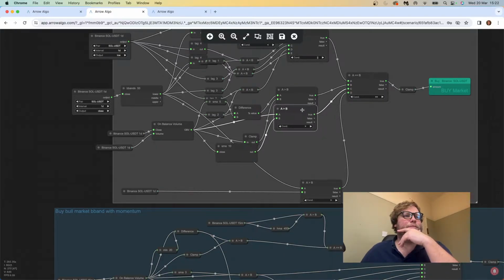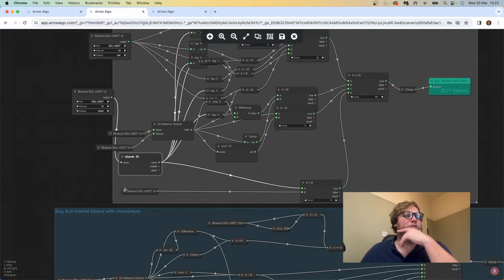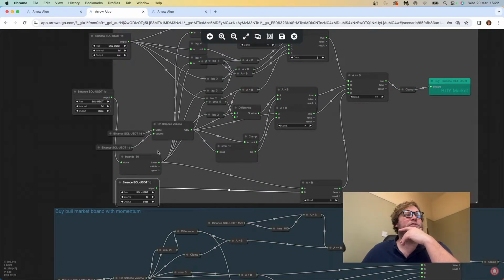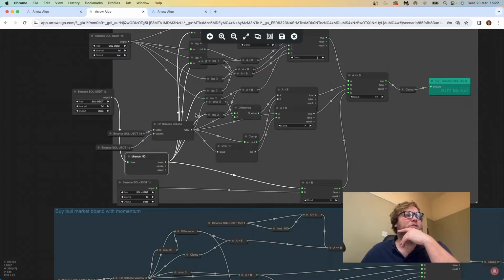That's condition C. And for condition D, again, we're using the Bollinger Bands. So these blocks can have multiple outputs. It's a lot cleaner if you just use separate blocks for each time you want to feed a value out. But sometimes it can be easier and quicker just to use this multiple times.